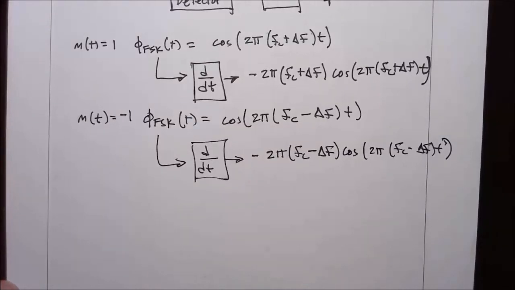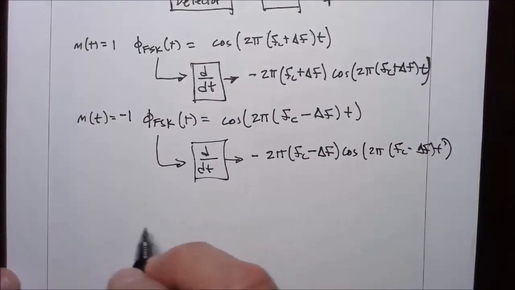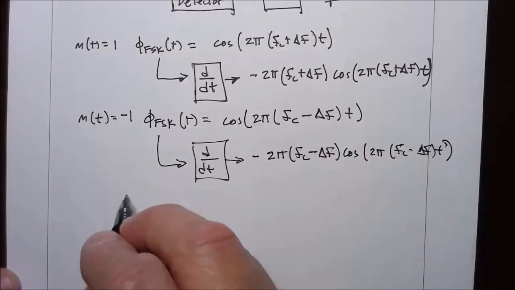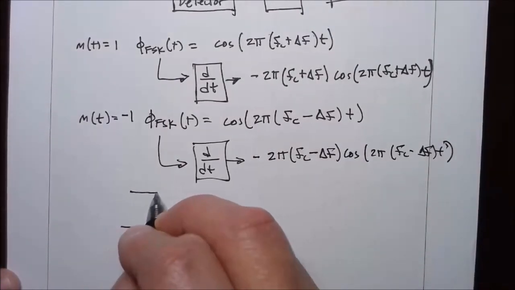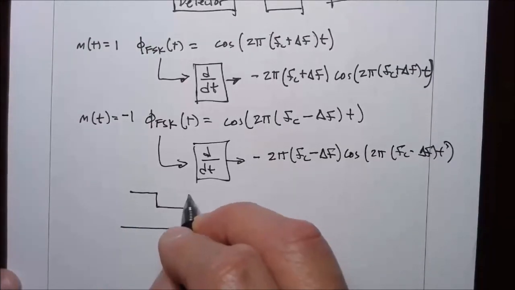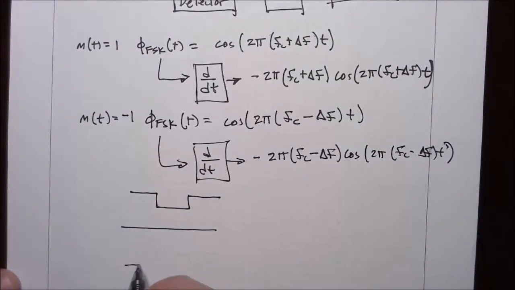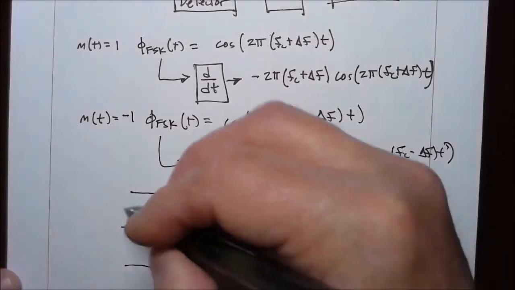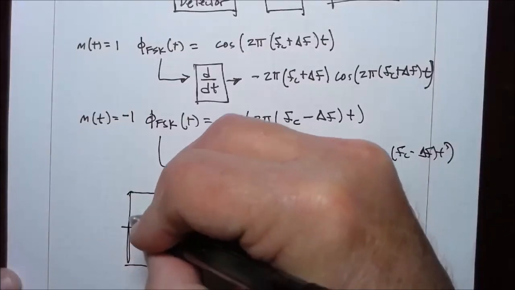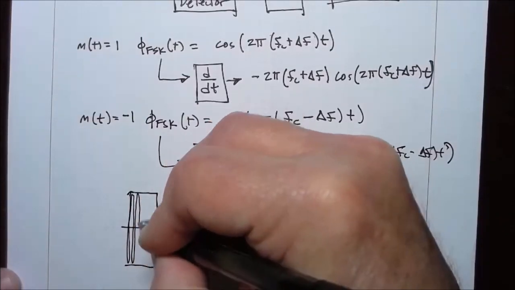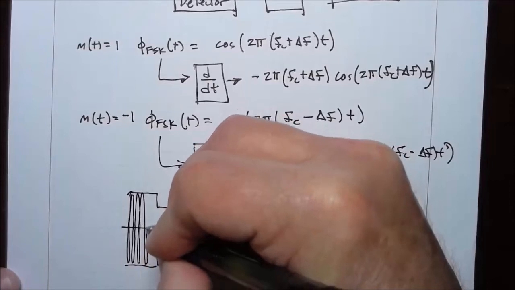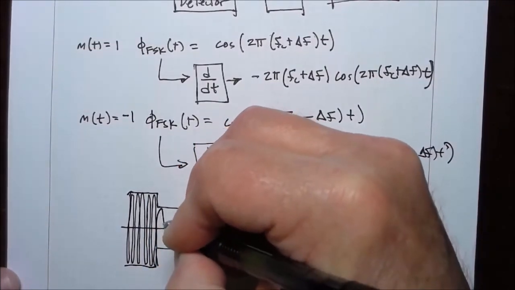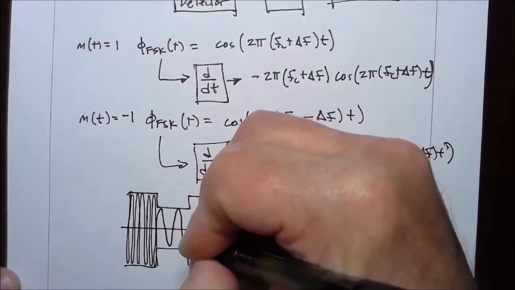So that would result in a signal that would take this shape. I'll just draw a small sample of it here. So when the frequency is higher, the amplitude is larger, and when the frequency is lower, the amplitude is smaller.